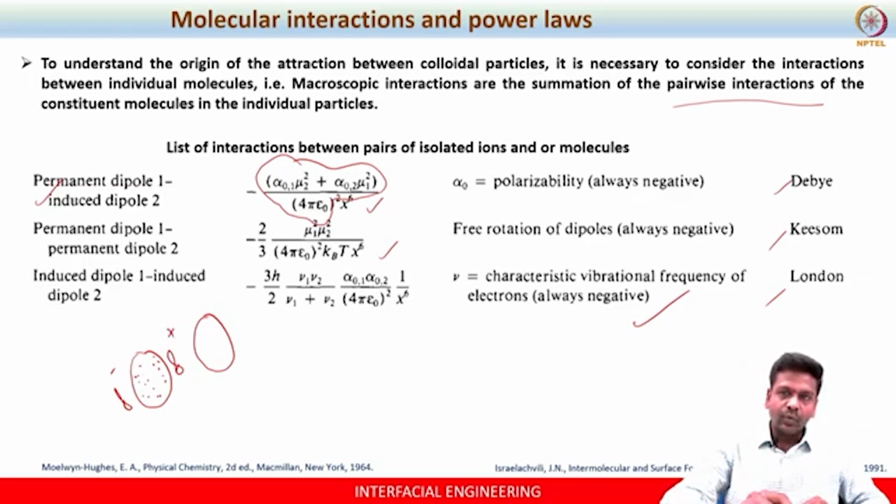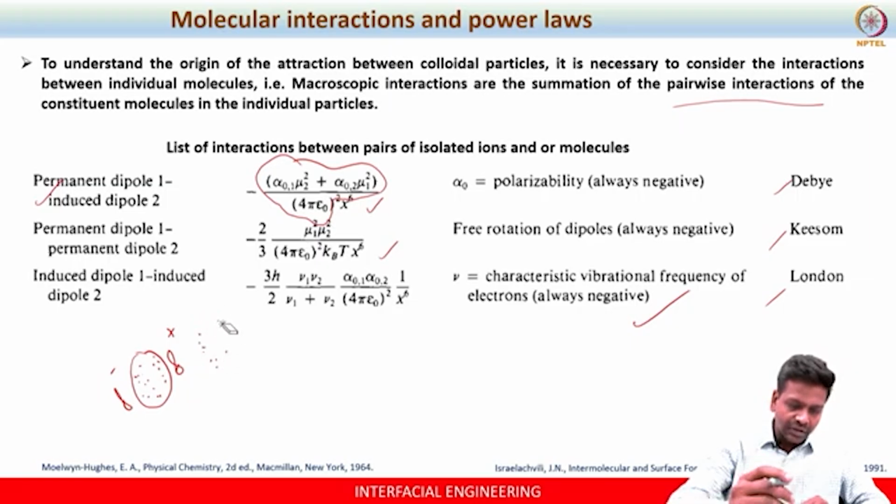In a similar way, if the other neighboring atom also experiences a similar shift in the electron cloud, then you can expect that they will interact, as there can be net negative and net positive ends. So more electron cloud on this side, less electron cloud on the other, giving again a net negative charge and a net positive charge.